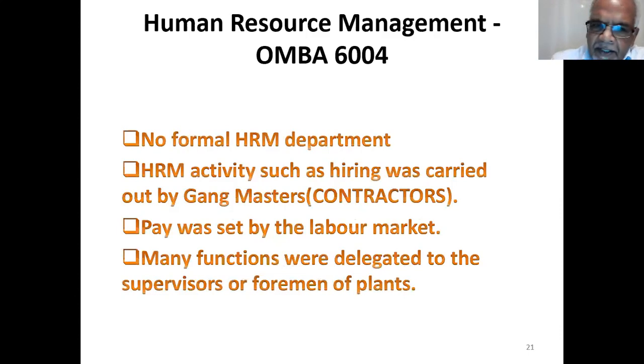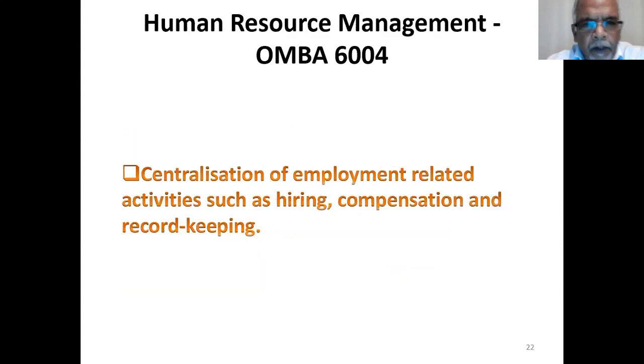Pay was set by the labor market, and many functions were delegated to supervisors and foremen of plants. The function was heavily centralized, and the centralization of employment concerned hiring, compensation, and record keeping.